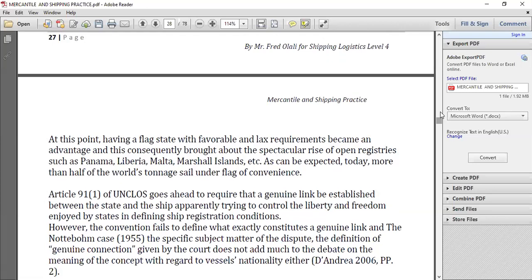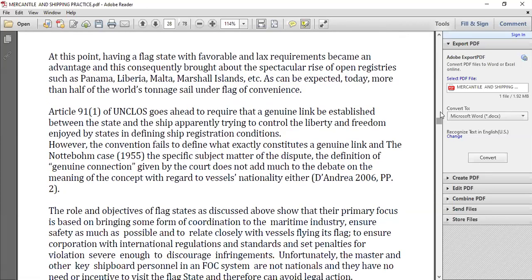So at this point, having a flag state with favorable and lax requirements became an advantage. And this consequently brought about the spectacular rise of open registries such as Panama, Liberia, Malta, Marshall Islands, etc. As can be expected, today more than half of the world tonnage sails under a flag of convenience.